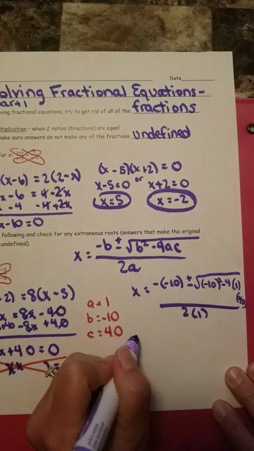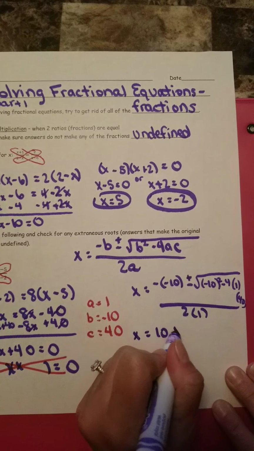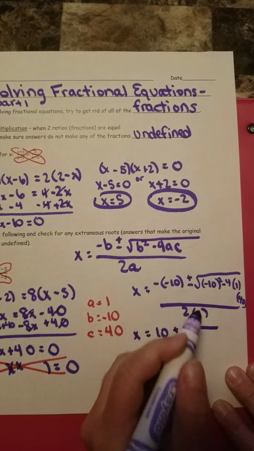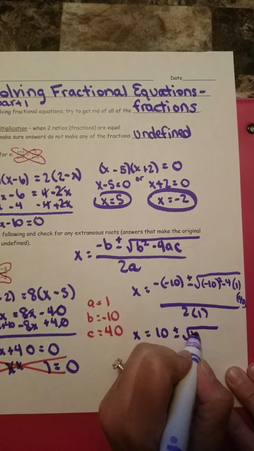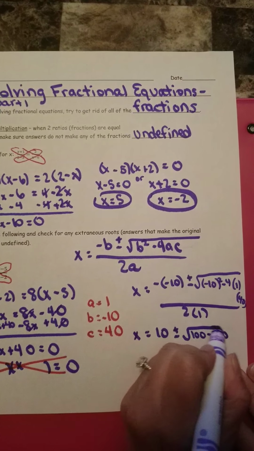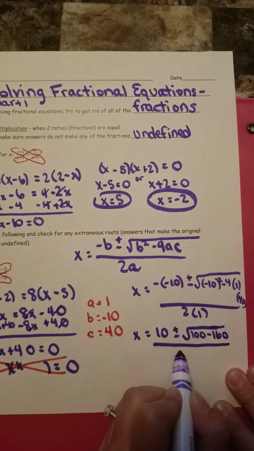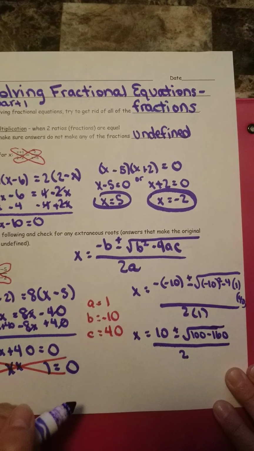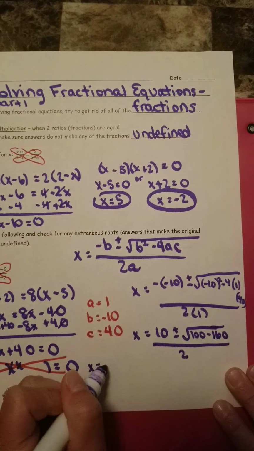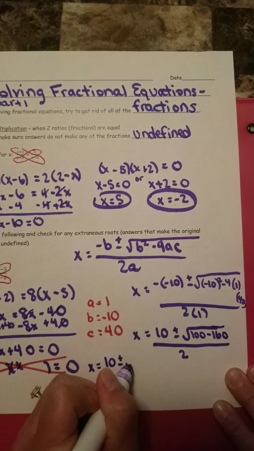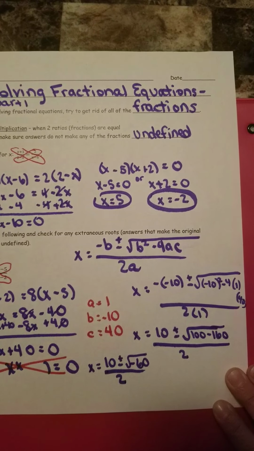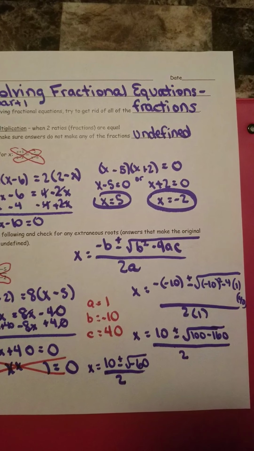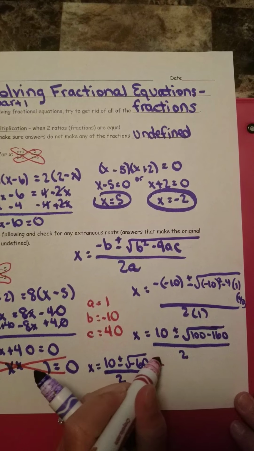Now I'm going to simplify this, so we have x equals 10 plus or minus, underneath we have 100 minus 160. I'll show that just so it's on our paper, over 2. Now we have x equals 10 plus or minus the square root of negative 60 over 2. I'm going to simplify this.